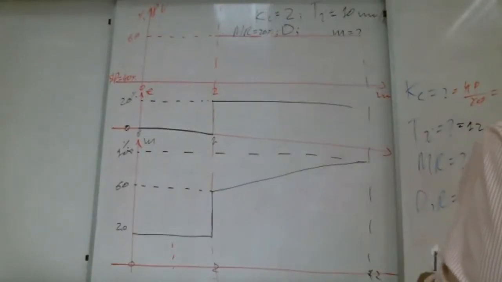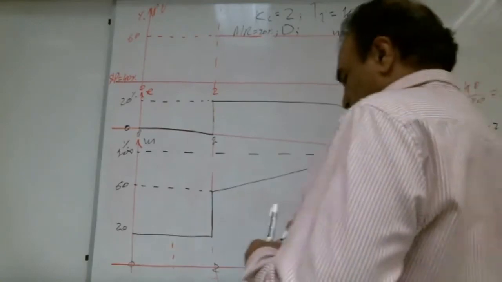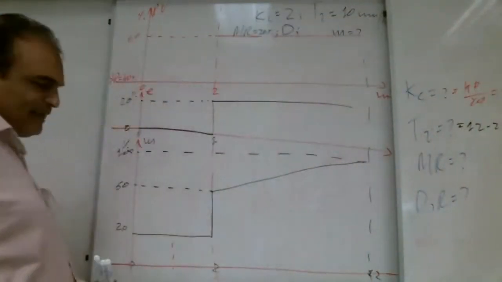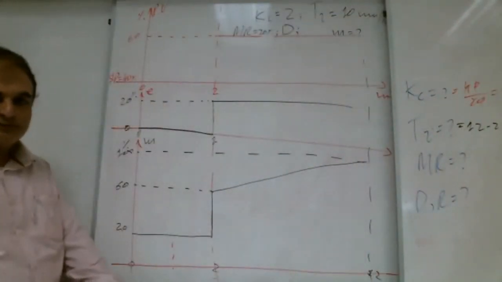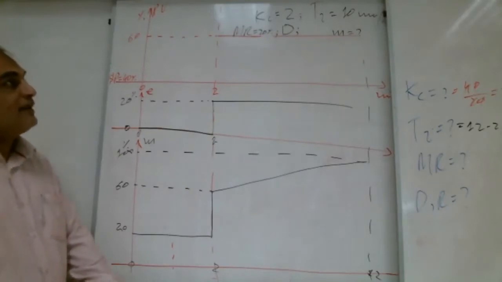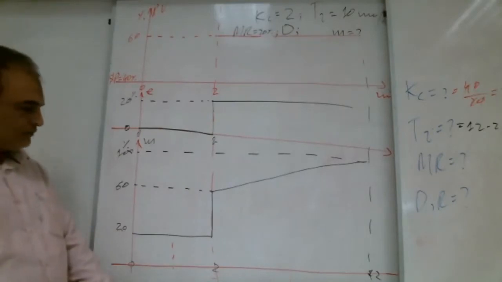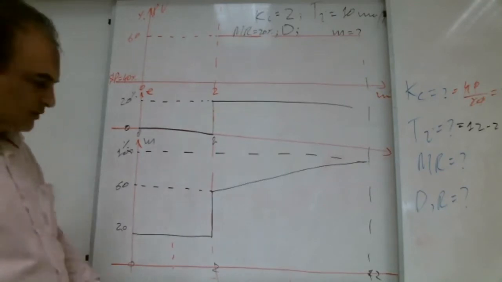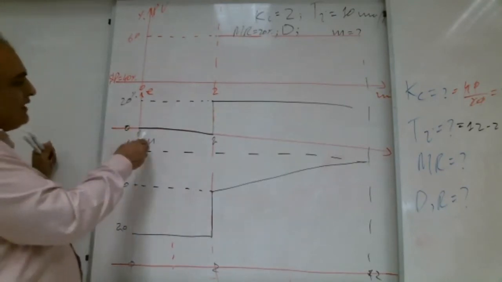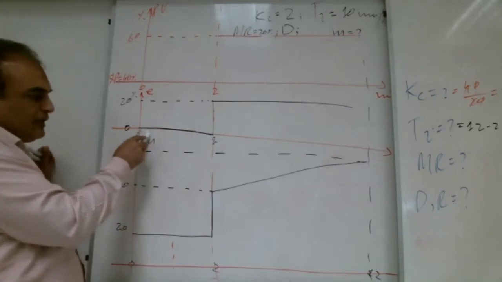I repeat. How do we find the MR? What is MR here? We have output and error, so we can get MR now. See here, error is starting at 0, right?